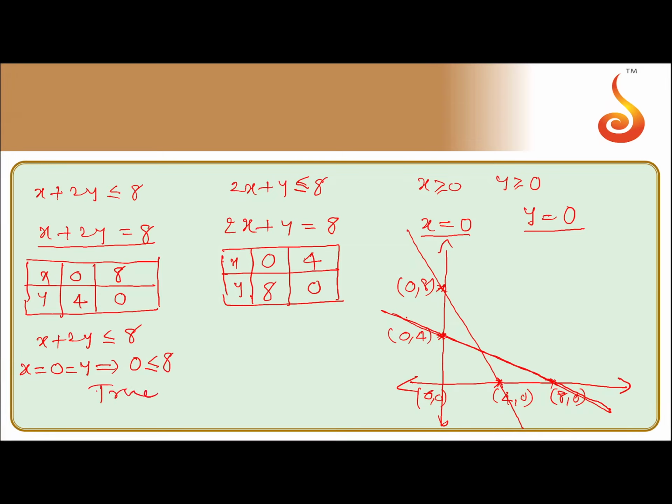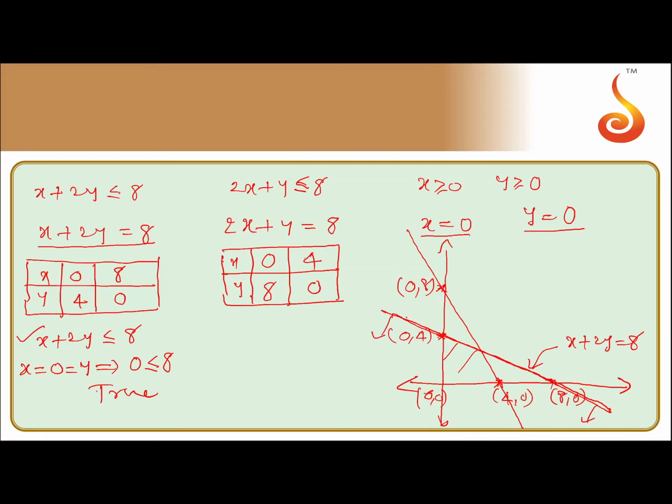It means I have to consider the points towards the origin side of the line x plus 2y equals 8. x plus 2y equals 8 is this straight line. I have to shade this portion towards the origin side.